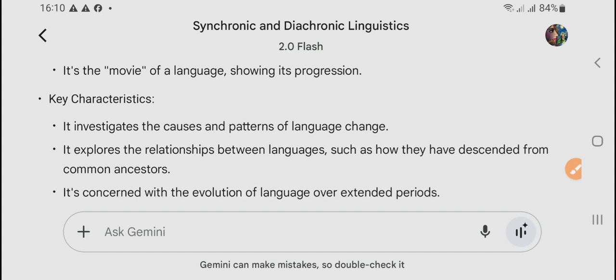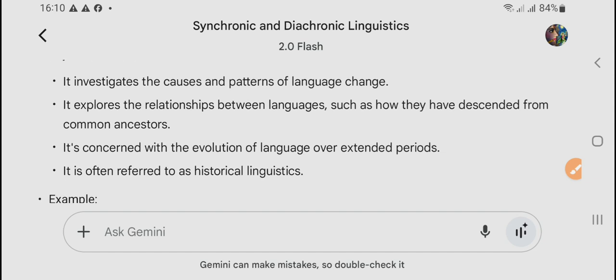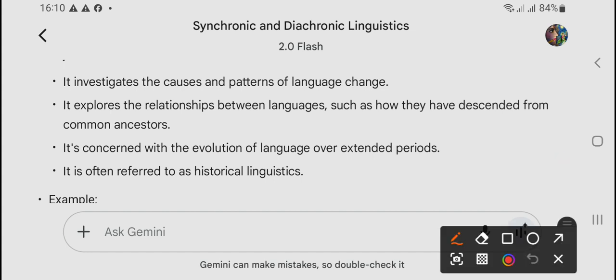Okay, now what are the key characteristics of diachronic linguistics? It investigates the causes and patterns of language change. How does language change? First cause: we remember we discussed that Germanic tribes came to Britain, to England.